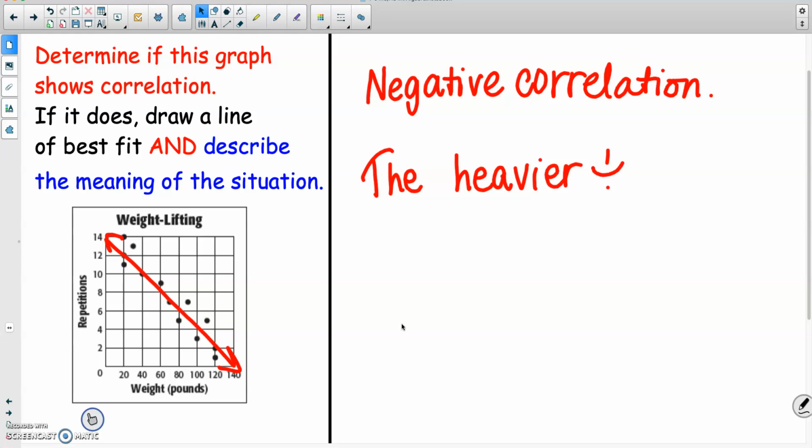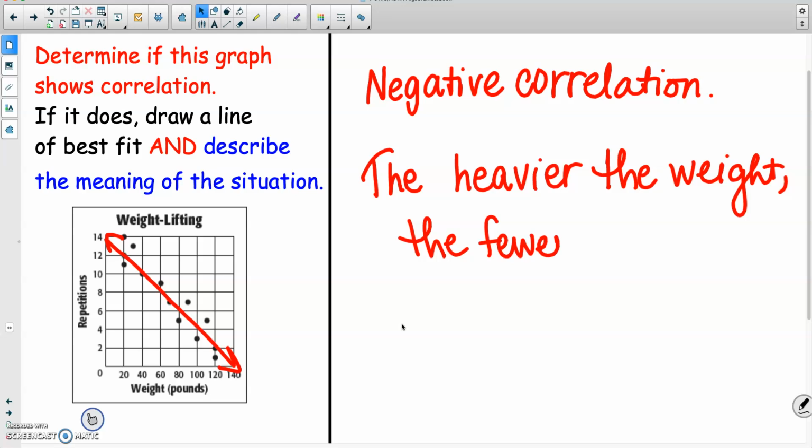So as the weight increases, the fewer reps you are able to do.